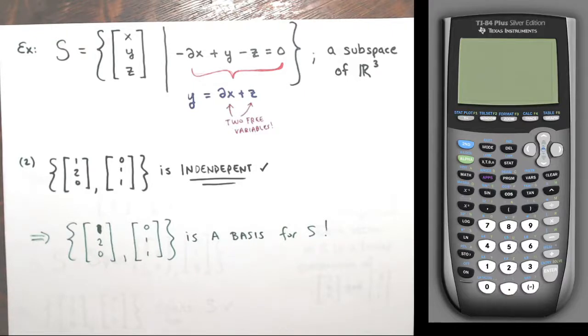And then you have to check, is that set of vectors that spans the space linearly independent? And if it is, great, then you have a basis. If not, then you can remove a vector, or just reduce it to a set that is linearly independent, and you've got your basis. Great.